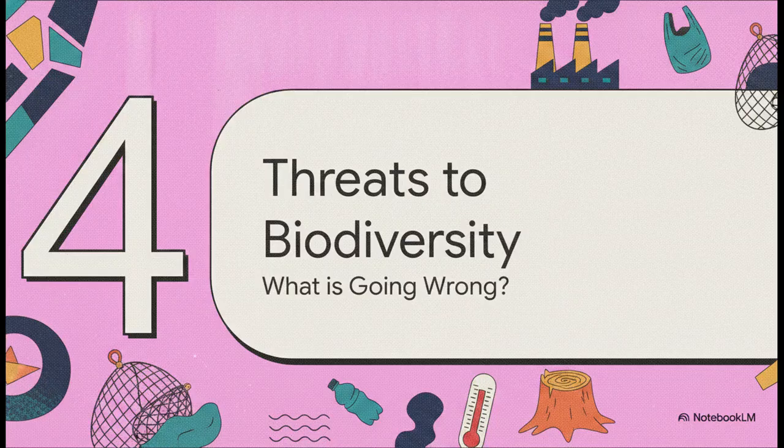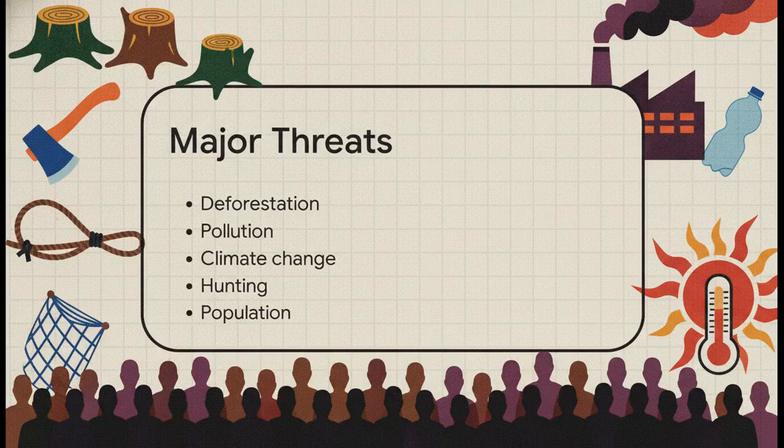Which leads us into Section 4, Threats to Biodiversity. What is going wrong? This is where things get a bit heavy, and it brilliantly illustrates the stark contrast between the incredible value we just talked about and the damage currently being done. The major threats are pretty severe. We're talking about deforestation, meaning the mass cutting down of our trees.